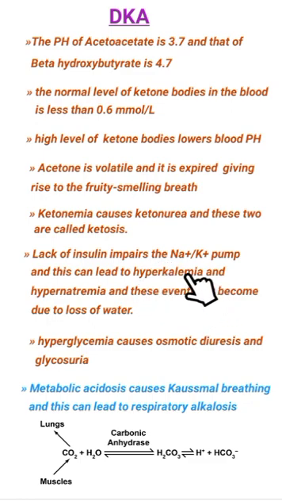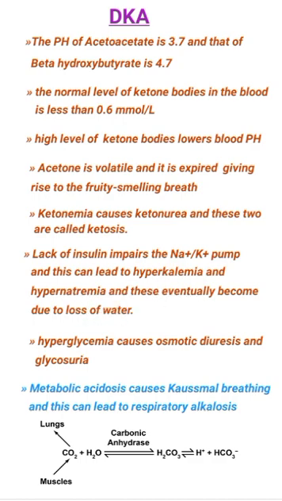But over time, potassium and sodium will build up outside the cell, and they can be excreted through the urine together with water. And that can result in a low level of potassium. So at the beginning, we are going to have hyperkalemia and hypernatremia.